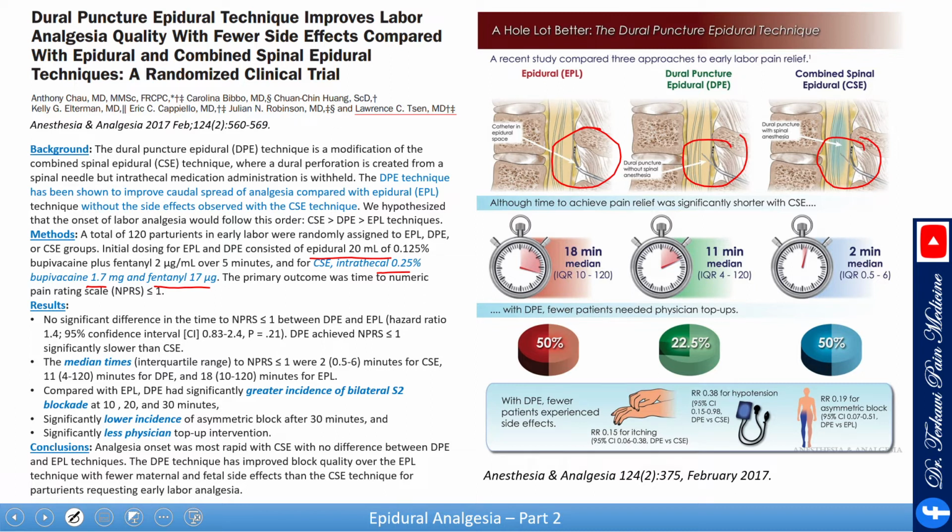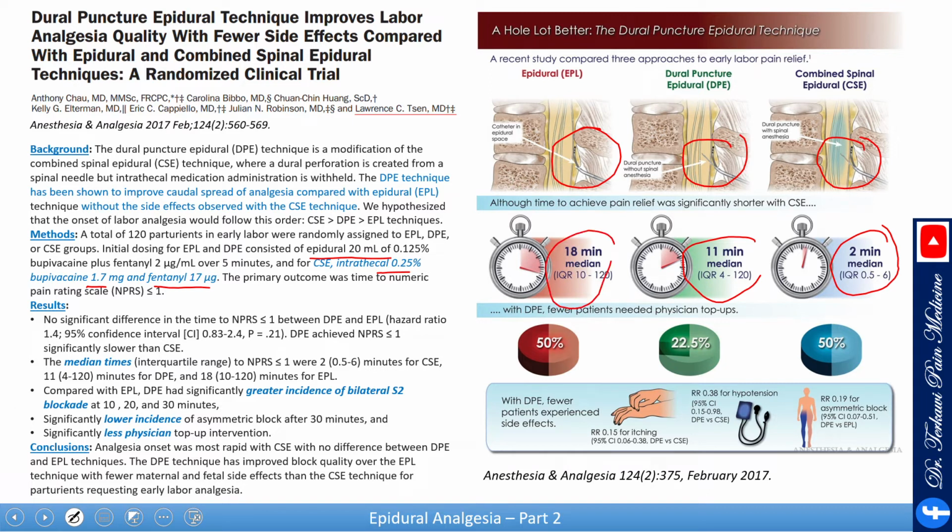However, the median time and interquartile range to reach a pain score less than 1 were 2 minutes for the combined spinal epidural, 13 minutes for the dural puncture epidural, and 18 minutes for the classic epidural.